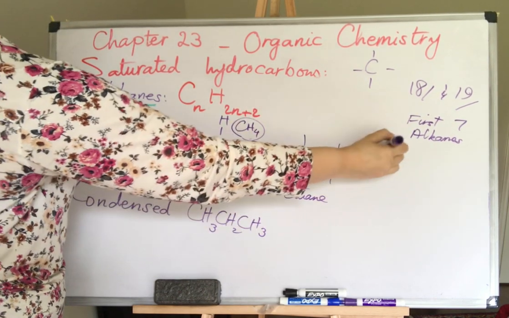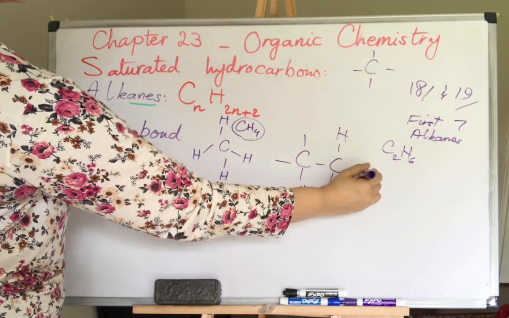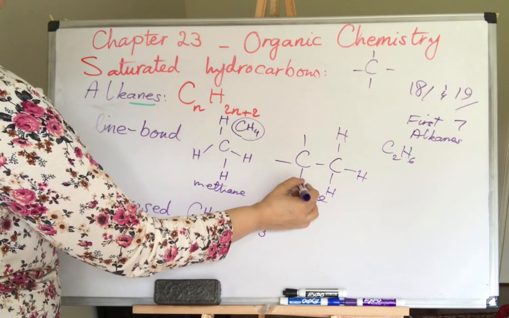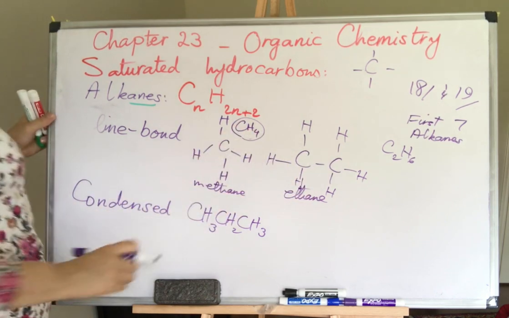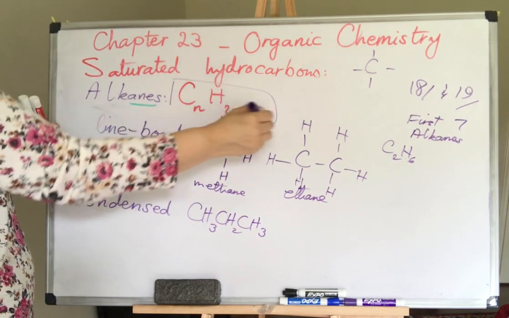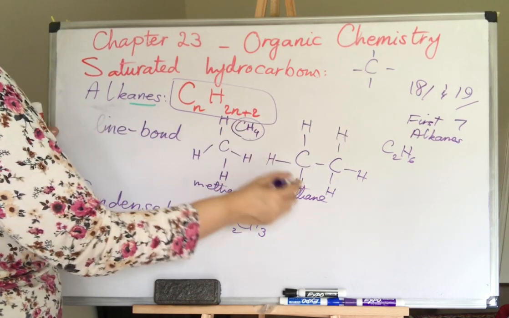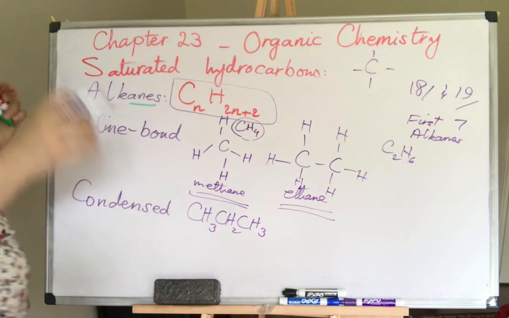So C2H6. At the same time that you have 4 bonds around each carbon, you are completing the number of hydrogens needed. So knowing this formula is extremely important, and knowing these names, methane and ethane, and their formulas, is extremely important at this point.